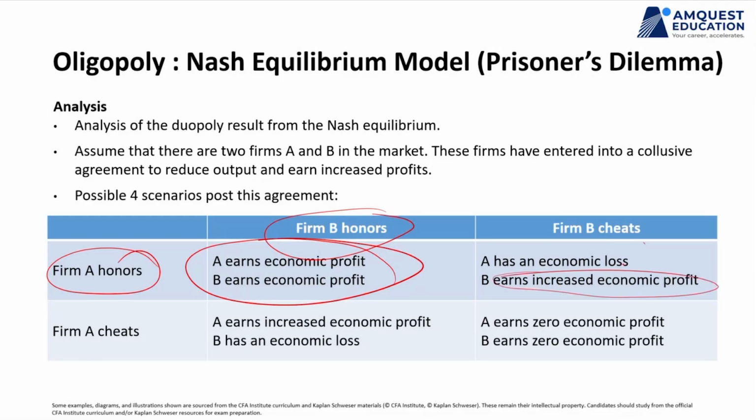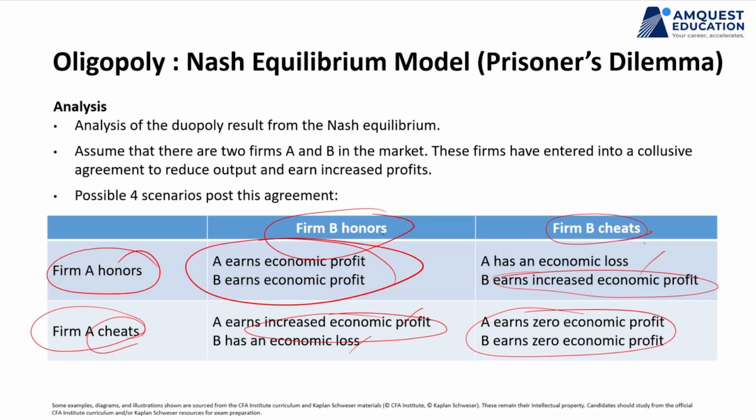And the one who honors, poor fellow, he earns a loss. Here, if B honors, he earns a loss, but A cheats, he earns a profit, which is actually not good, right? But what ends up happening is both are in a dilemma and both end up cheating and both end up losing the extra profit that they could have made.